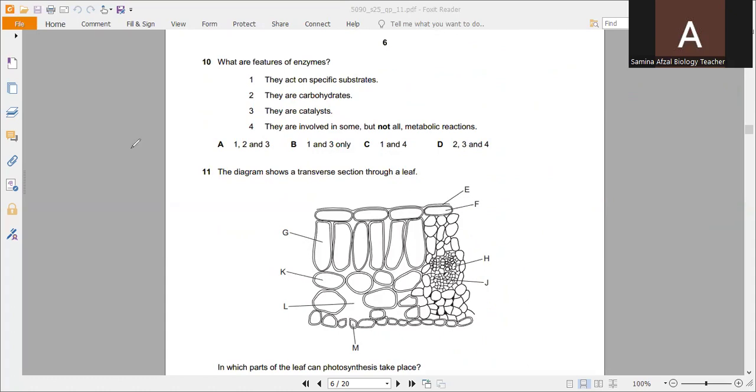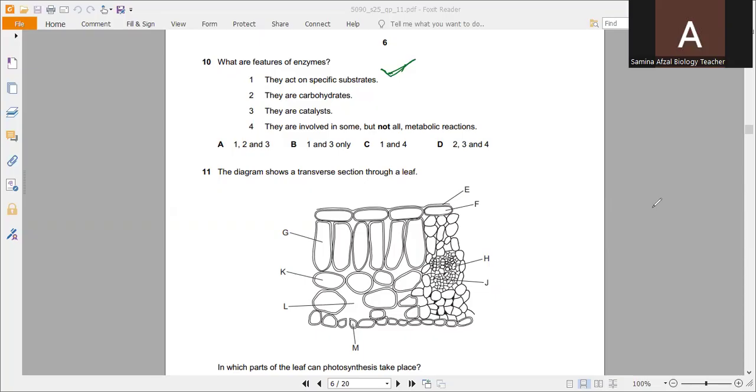They act on specific substrates. Yes, this is the correct statement. The different substrates will have different enzymes.